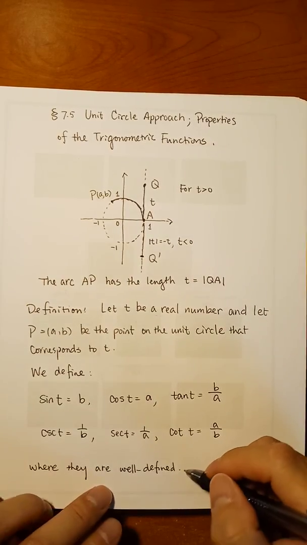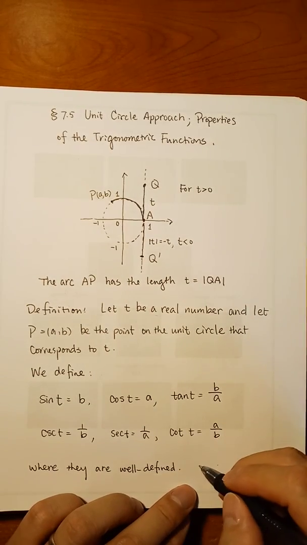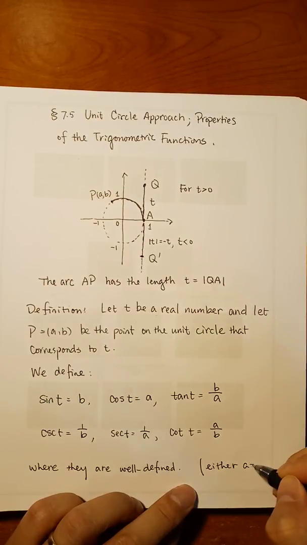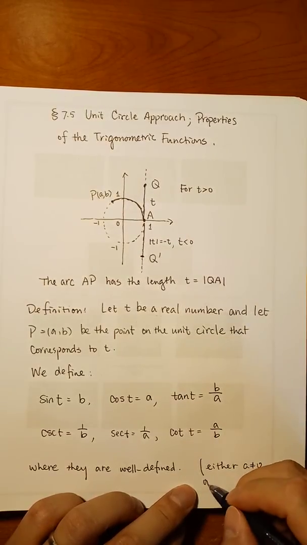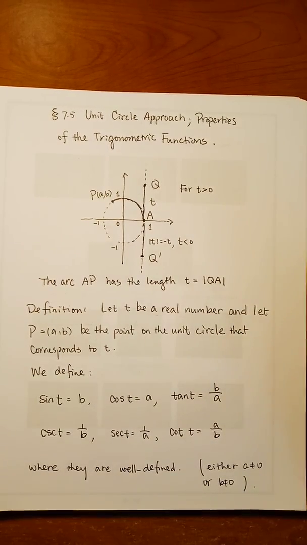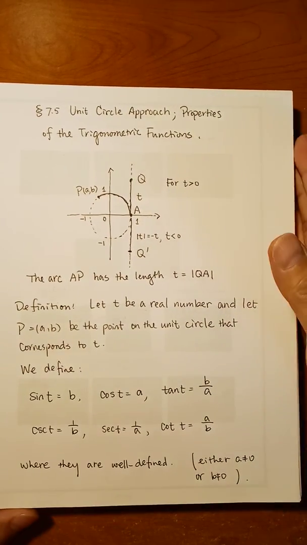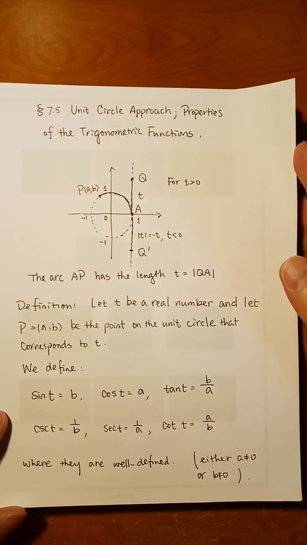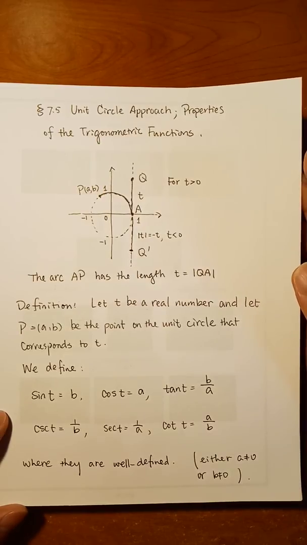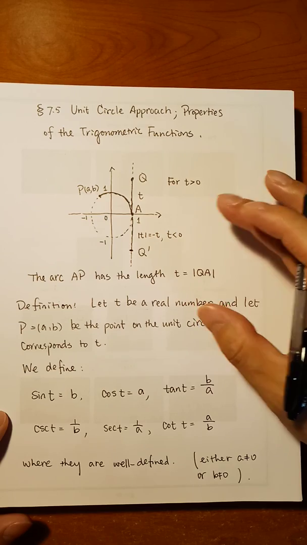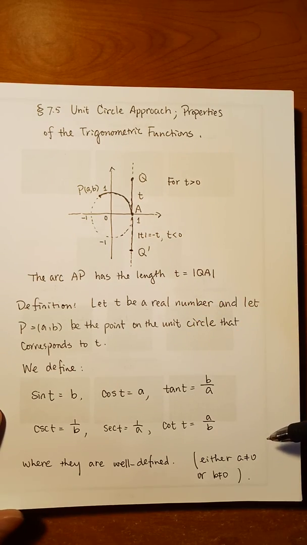Here, when we say they are well defined, it means that the denominator is not 0, either a is not equal to 0 or b is not equal to 0 respectively. Okay, so these are the six trigonometric functions for arbitrary numbers. At this moment, we don't interpret the number t as an angle. We just get a general number and define the trig values.